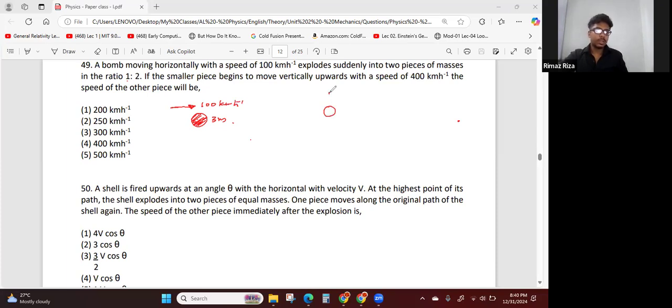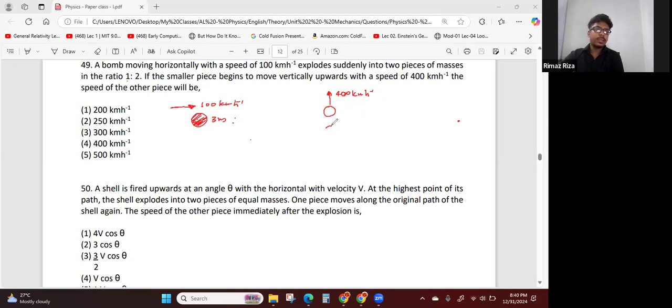After explosion, this smaller one has 400 kilometer per hour vertically upward. It might also have some horizontal velocity, we don't know, but it says the smaller piece begins to move vertically, so it has only 400.